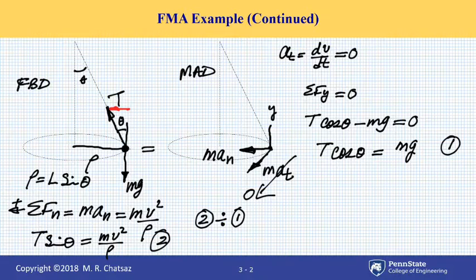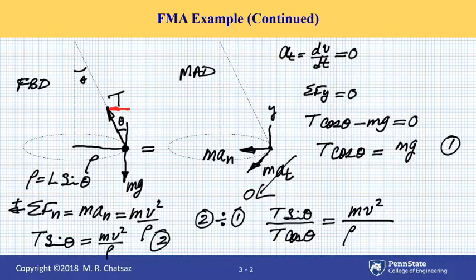Then this gives me T sine theta divided by T cosine theta, since I'm dividing 2 by 1, and that equals m v squared over rho divided by mg.